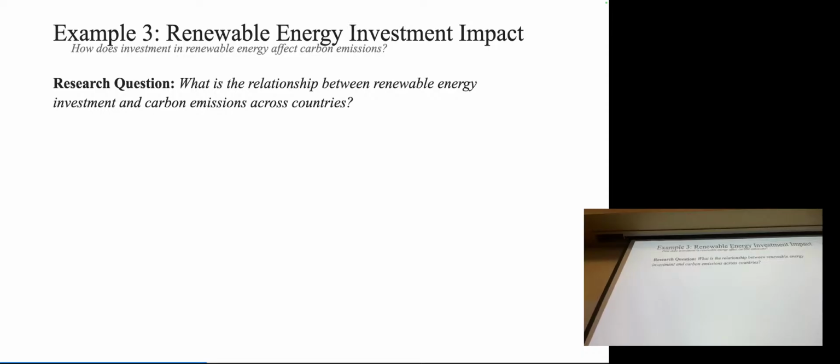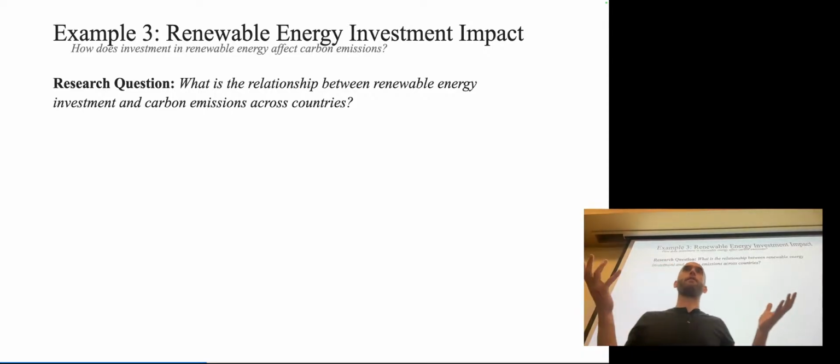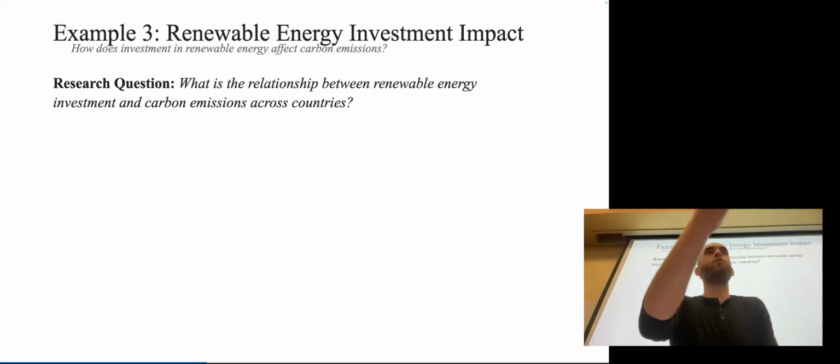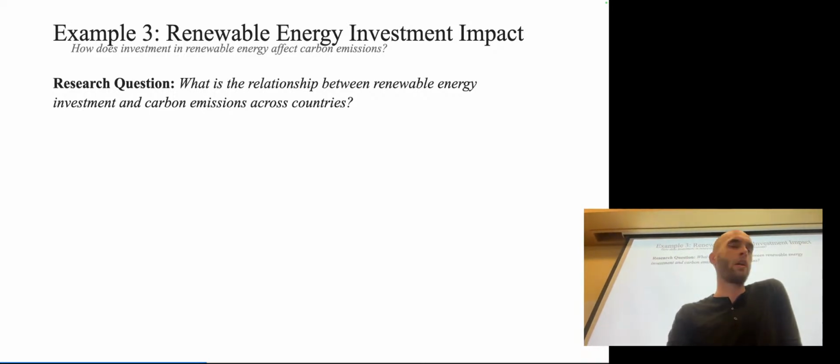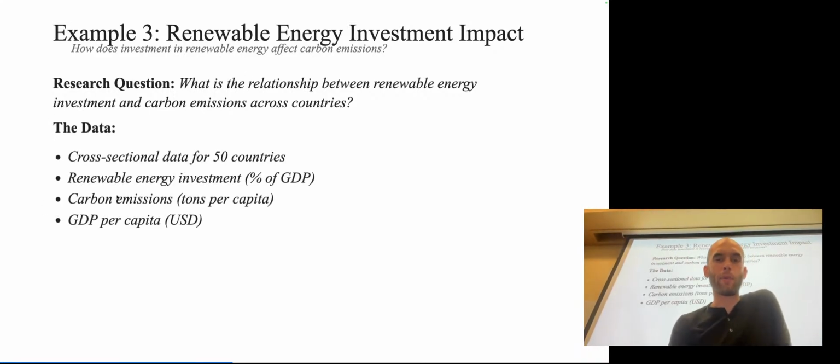We can also use GDP as a statistical control for the wealth of the country. So we can use GDP in a lot of ways. So this is probably enough to get started. This is a pretty complicated question for a lot of reasons, but this is at least a place to start.